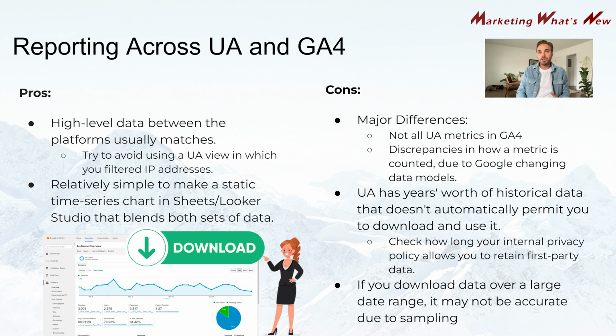In GA4, there's only a handful, and the idea is that you can make all your custom reporting. So there is a bit of a learning curve to that. But the learning curve is important because it is your business, and it's not terribly difficult to make these reports. And it's only going to give you much better data.